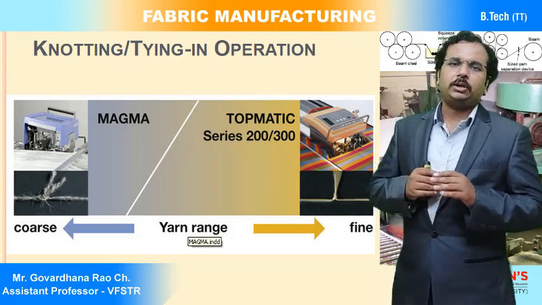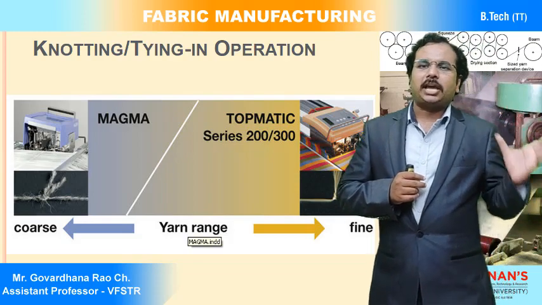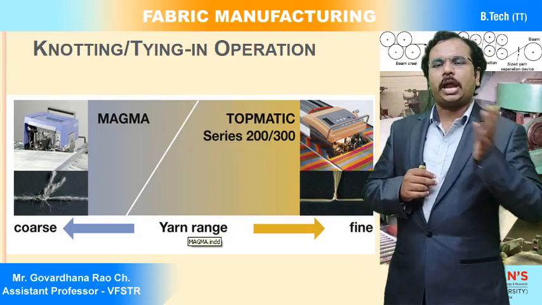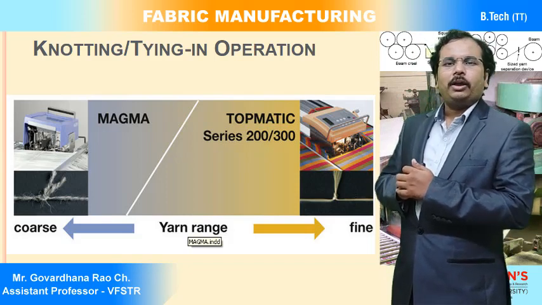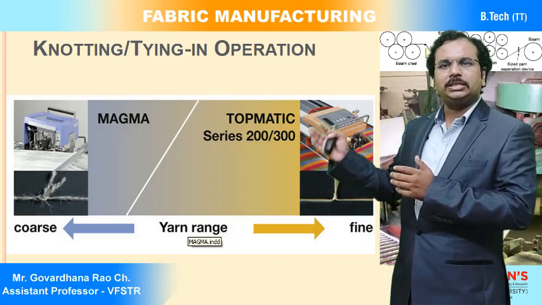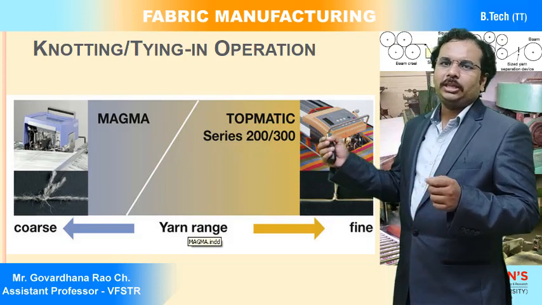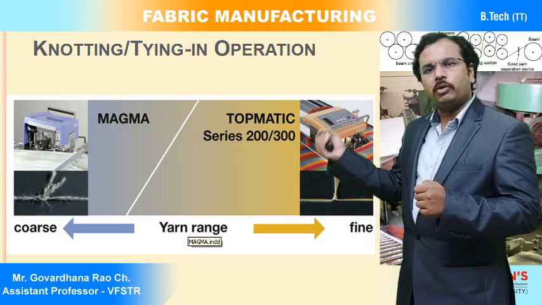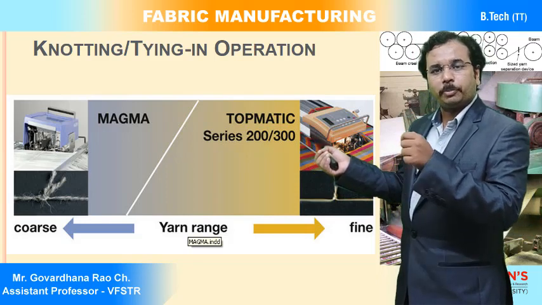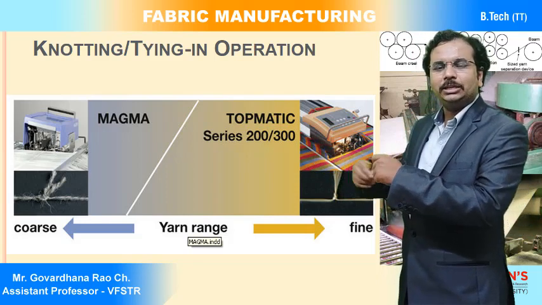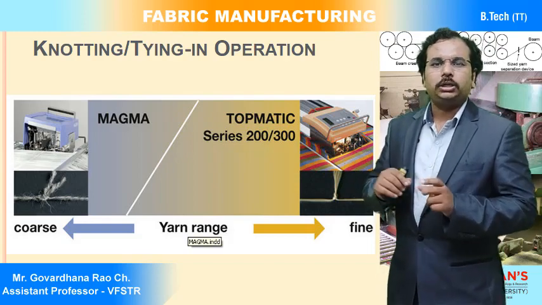In that case, what we generally do is prepare the sized weaver's beam, and we send the sized weaver's beam directly to the particular weaving machine, where the already running warp is there and the new warp sheet is on the new beam. So the ends from the old warp in the weaving machine and the new warp from the new warp beam are going to be tied, one end by one end; we are going to knot.